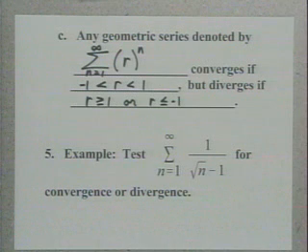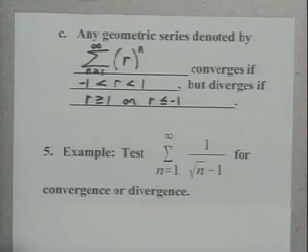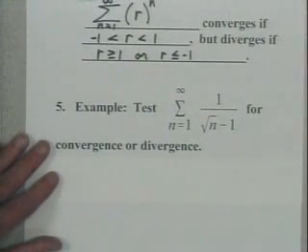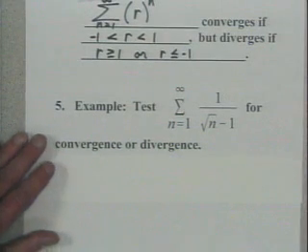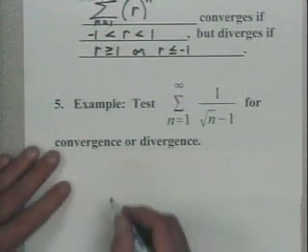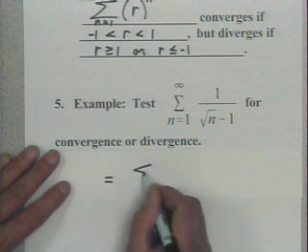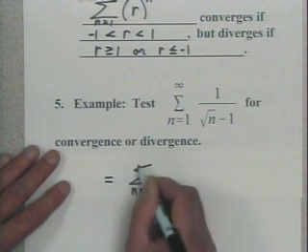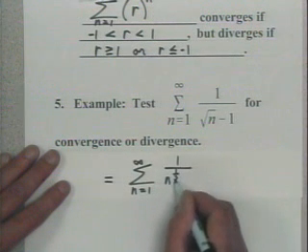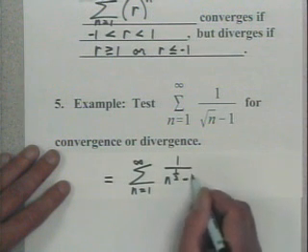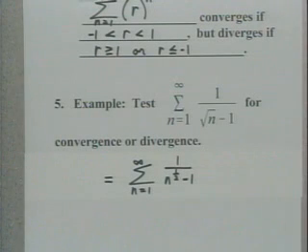Okay. Let's do a problem so we can see exactly how that works. As I've mentioned before, the biggest issue is trying to come up with a series to compare it to. To help you see what might be used on this one, I'm going to rewrite the series as 1 over n to the 1/2 and then minus 1. Now, why did I do that?